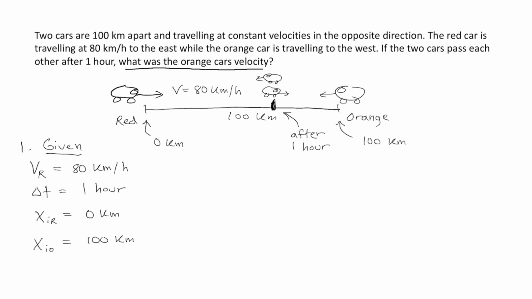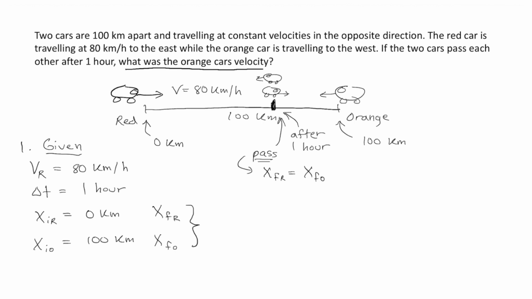The next piece of information that we know that might not be obvious is about the final position of the cars. So XFR and XFO. This question says that the cars pass each other. And when the cars pass each other, they are at the same position. So we can say that the final position of the red car is equal to the final position of the orange car.